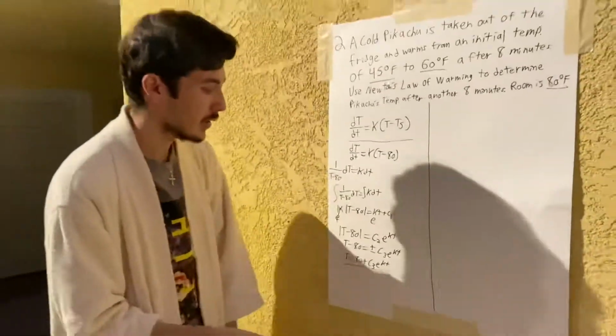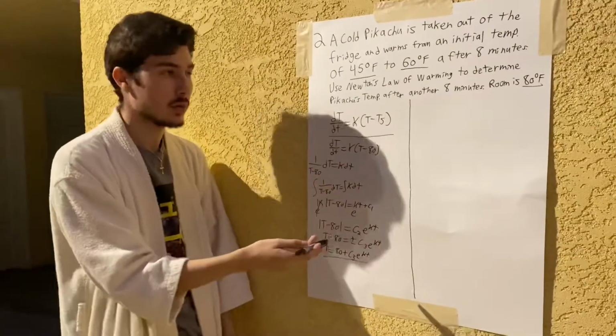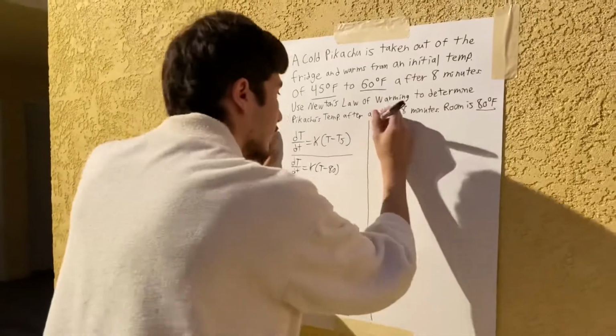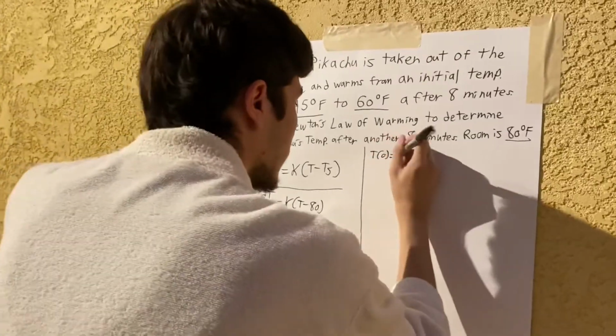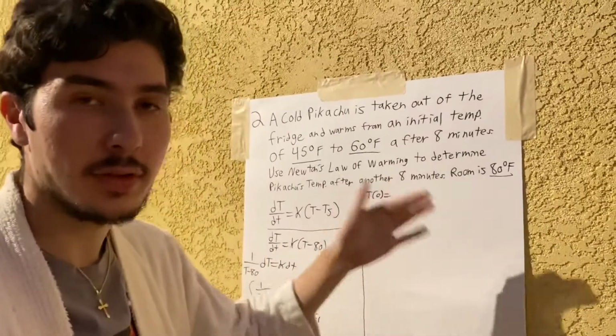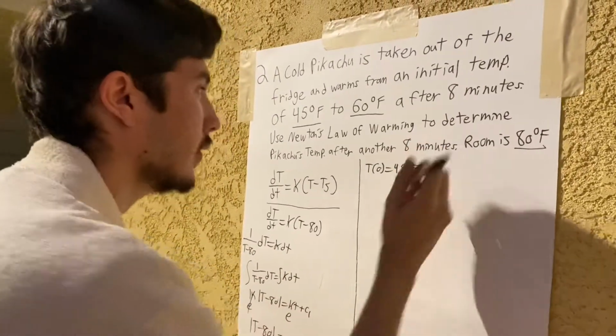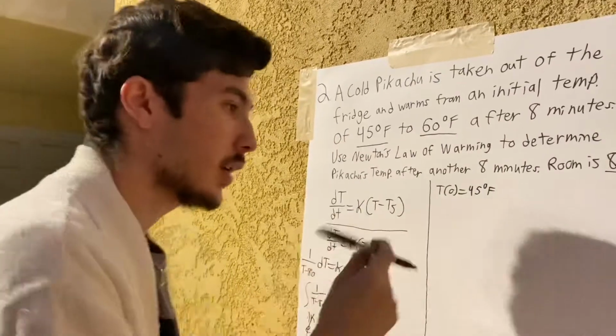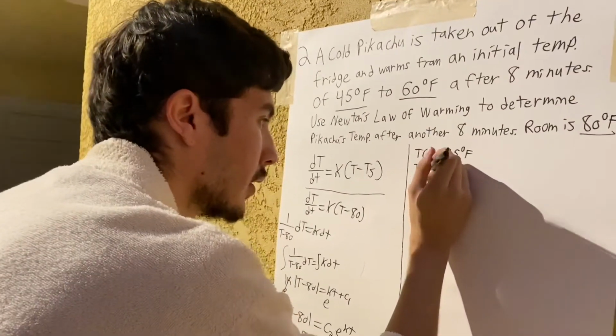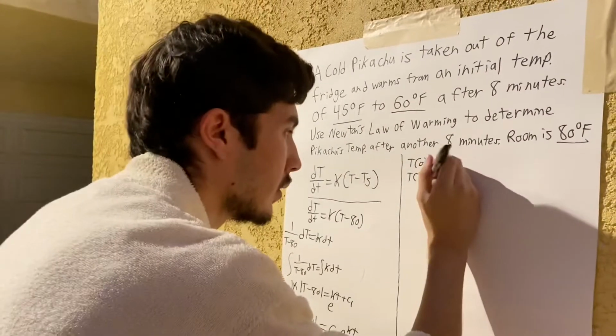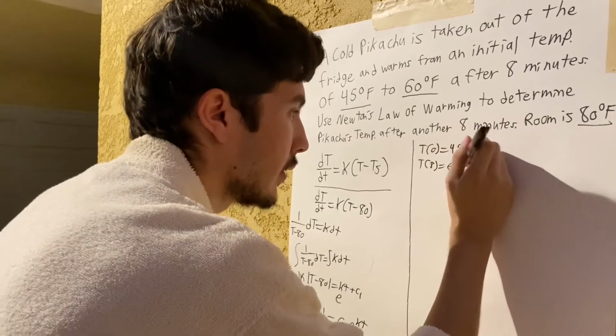Now some important things that we also want to know: T of 0, so time of 0, is going to equal 45 degrees Fahrenheit for Pikachu. T of 8 minutes is going to equal 60 degrees Fahrenheit.